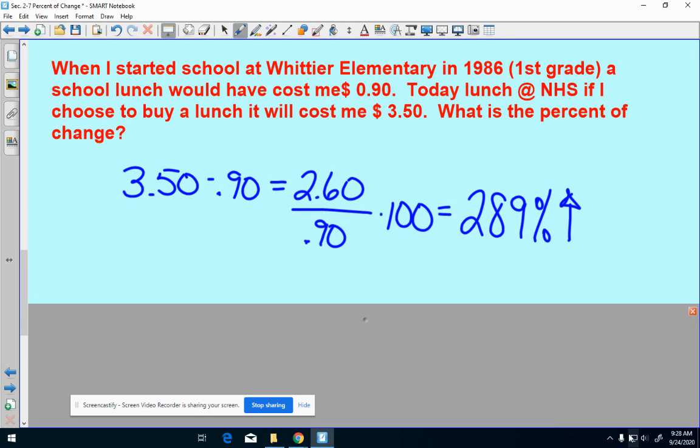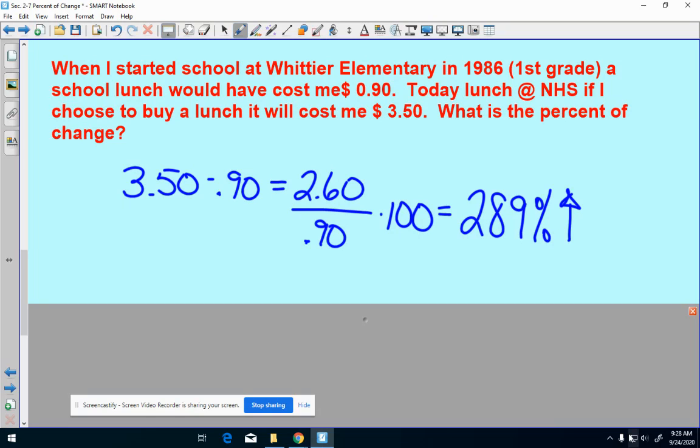If I started at 90 cents and I increased by 100%, how much money would I be adding to the 90 cents? If I paid 90 cents originally, and I added 100%, how much would I be adding?